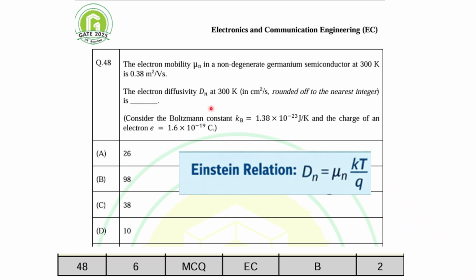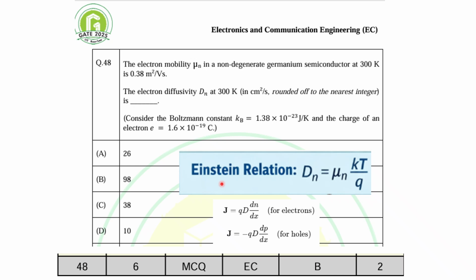Here you have to find the diffusion constant, and you can find it using the Einstein relation, Dn equals mu n times kT by q. Mu is the mobility, k is the Boltzmann constant, T is the temperature, and q is the electronic charge. All the parameters are already given, and you only have to find the T. Let's see exactly how to find it in more detail.